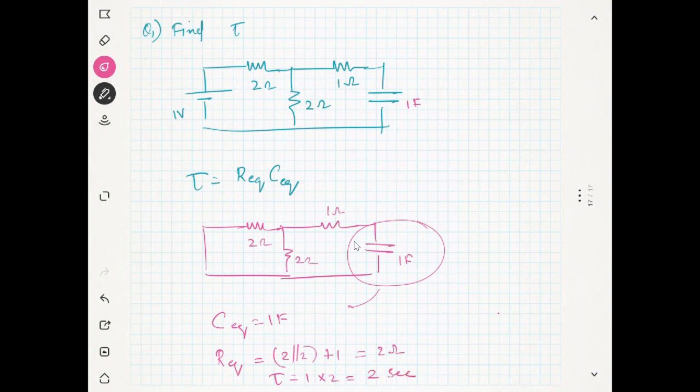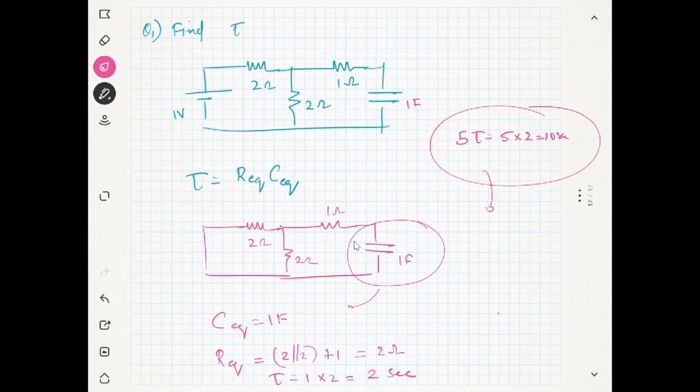In this circuit, what is 5 times the time constant? 5 into 2 is 10 seconds. After 10 seconds, your capacitor will discharge almost completely and reach a value nearly 0.